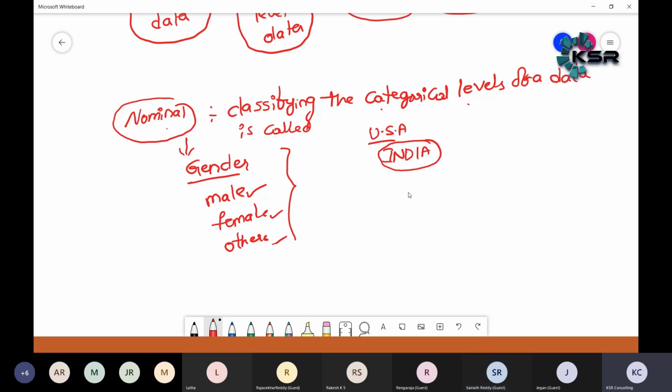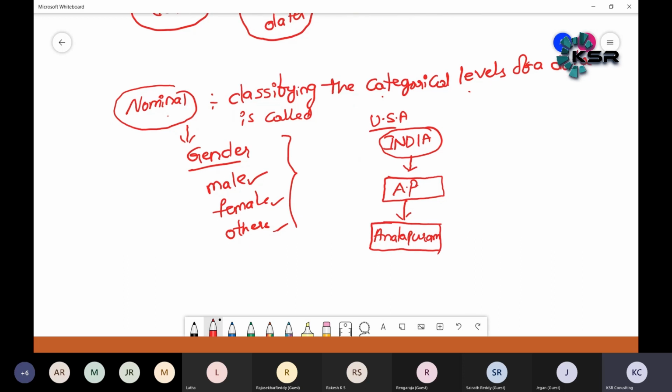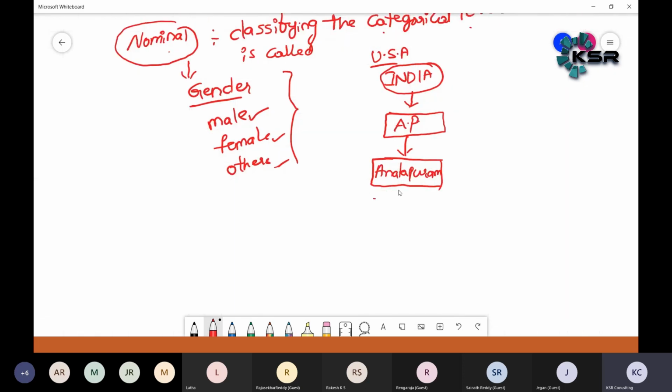Suppose you are in India, in Delhi, someone asks where are you from? You may say AP, right? Suppose you are in AP, someone asks where are you from? You may say Anantapuram. Suppose you are in Anantapuram, someone asks you where are you from? You may talk about your mandal.